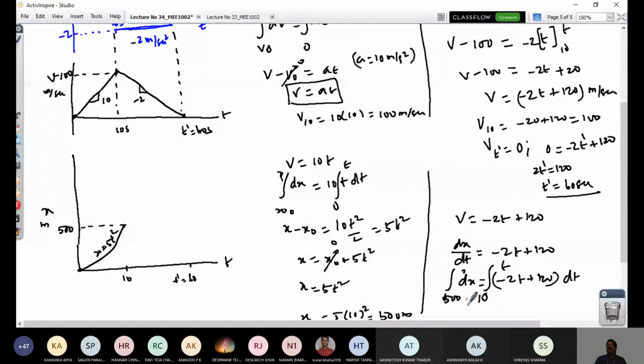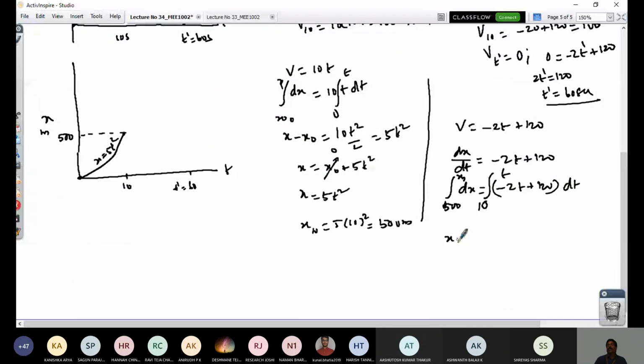So I will have my equation from that. It's going to be x minus 500 equals minus 2t squared by 2 plus 120t, varying from 10 to t, where t is t dash.